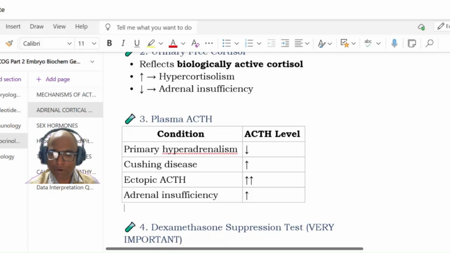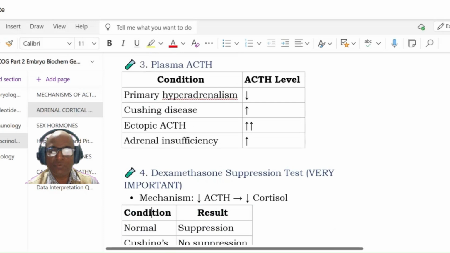The pituitary has a fault, so there will be an increase in the ACTH levels. Okay. Third, ectopic ACTH. In ectopic ACTH, there will be tremendous levels of ACTH. Okay. And if there is adrenal insufficiency, again, the ACTH levels will be increased. So in primary hyperadrenalism, ACTH levels will be reduced, while in adrenal insufficiency, the ACTH levels will be increased.